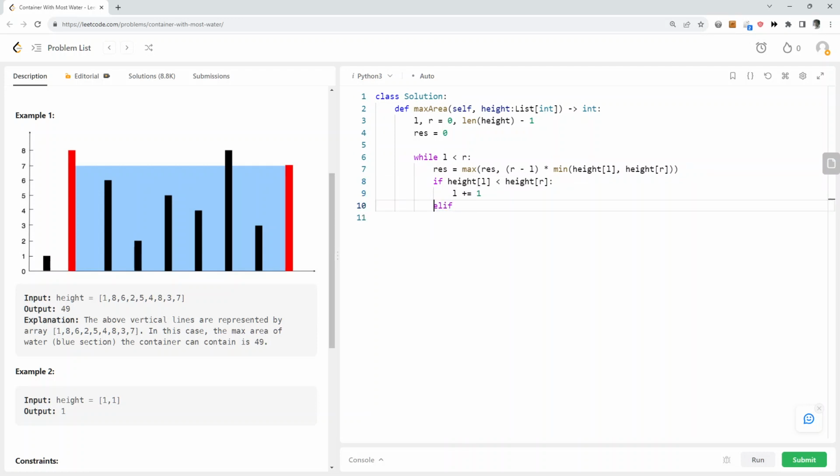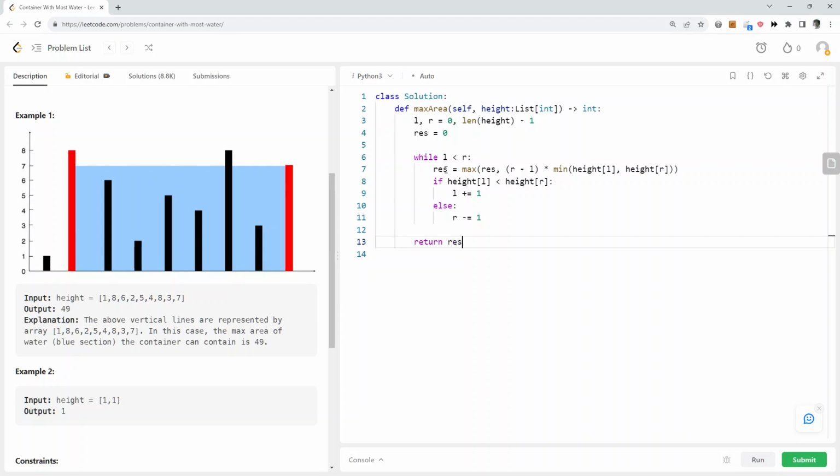Otherwise, we don't have to mention the other case, meaning height of L is greater than or equal to height of R. We can just say else, R minus equals 1, because this will capture all the other cases. All right, and then we just return res.